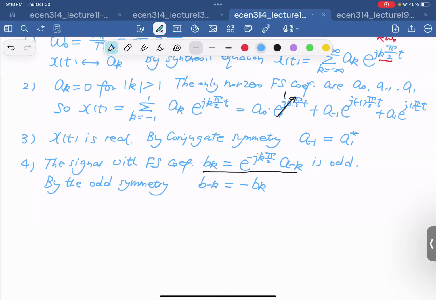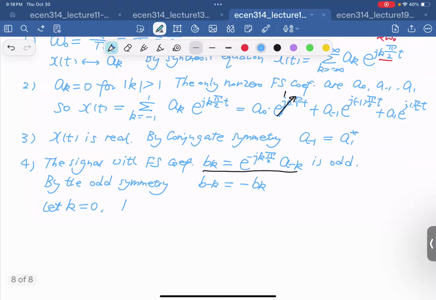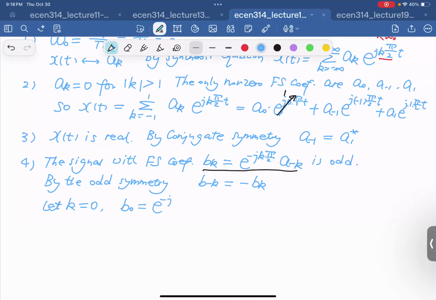Okay, and let's see if k equals 0. If that's the case, b sub 0 is equal to e to minus j times 0 times half pi. I don't even have to write that. It has to be a constant, 1, right? Times a sub minus k.